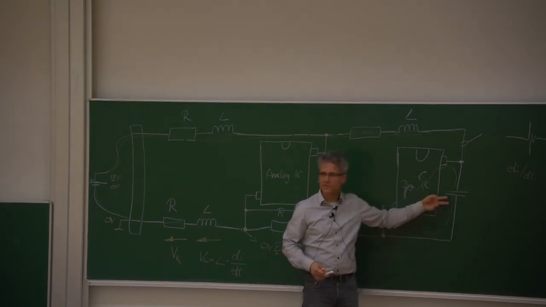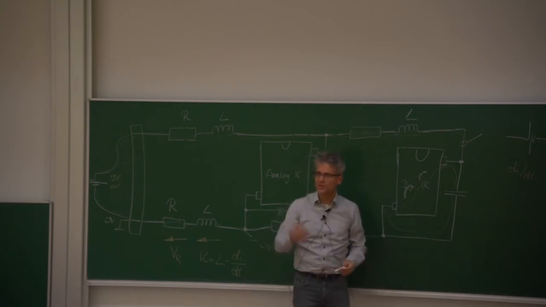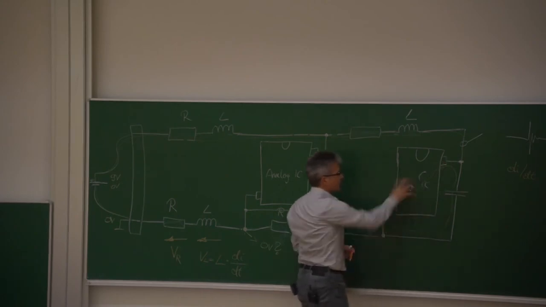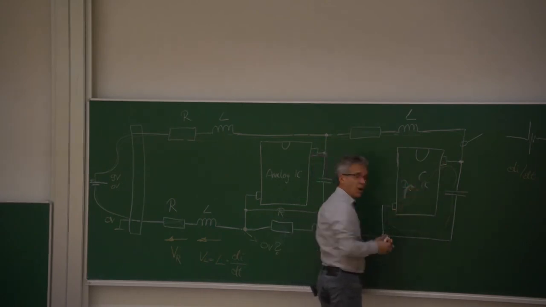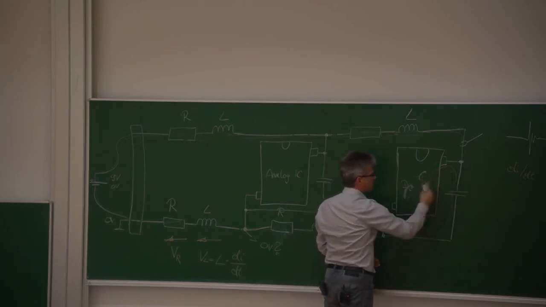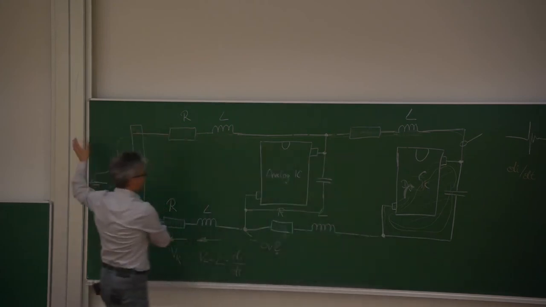The capacitor also acts as a charge storage element, so it's no problem for the capacitor to provide currents at this rate. So if we have designed it in a proper way, then hopefully all the high frequency currents are flowing only in this small loop area and not in the big loop area.